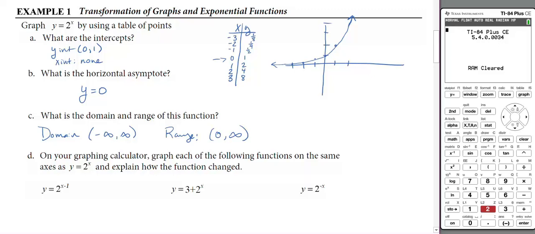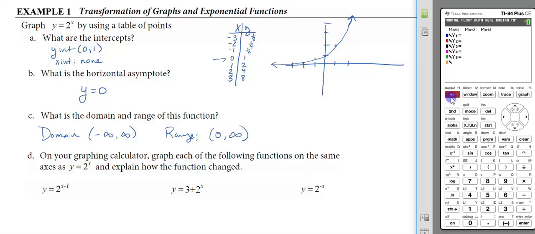Okay, now let's go ahead and go to the graphing calculator. On the graphing calculator, graph each of the following functions on the same axes as y equals 2 to the x. So I have here 2 to the x, and see what that looks like. Looks nice.